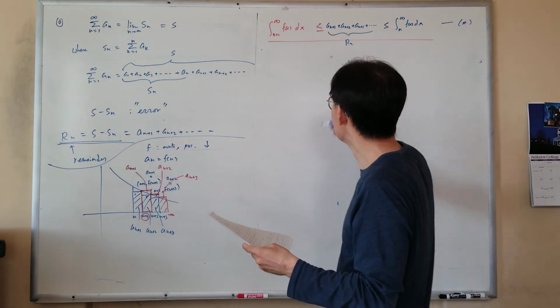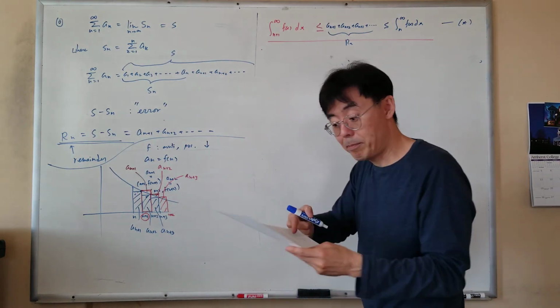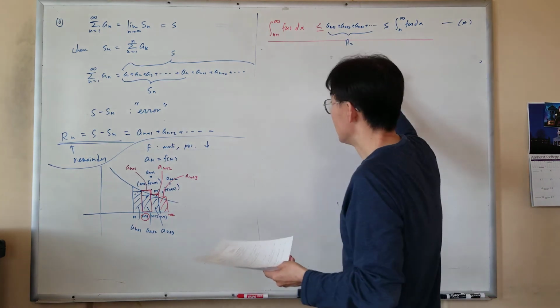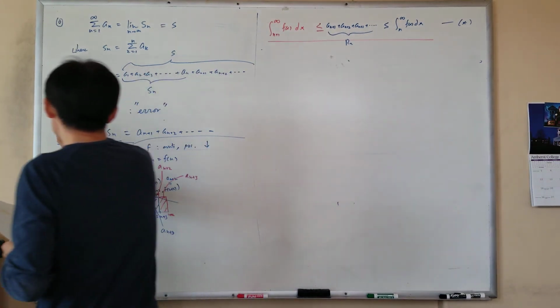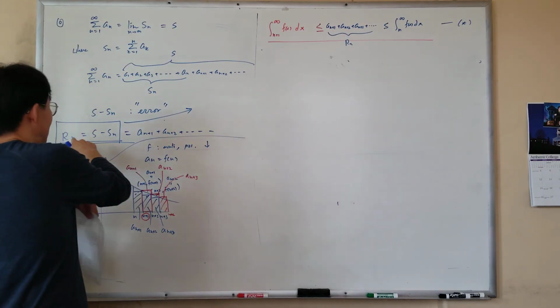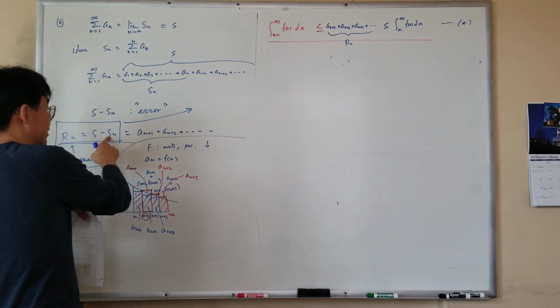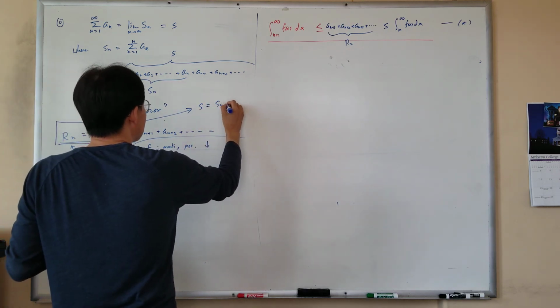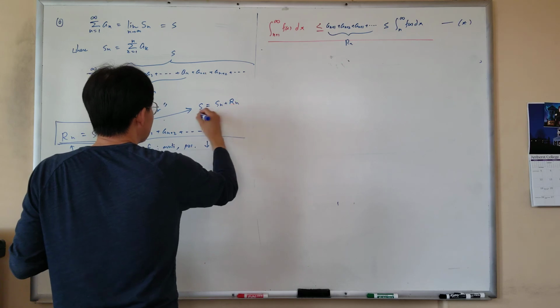Okay? Now, the second part of theorem 3 in your notes is, now look at this. R_n is the true value S minus S_n. Therefore, S is S_n plus R_n, isn't it?